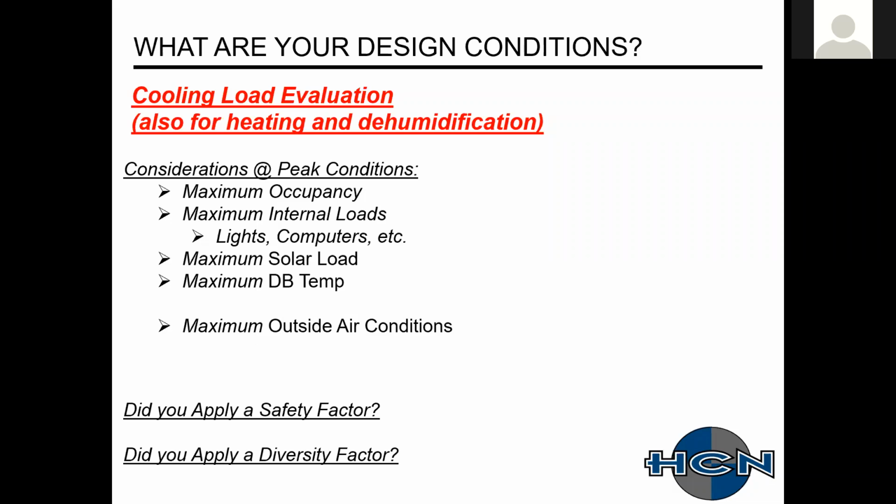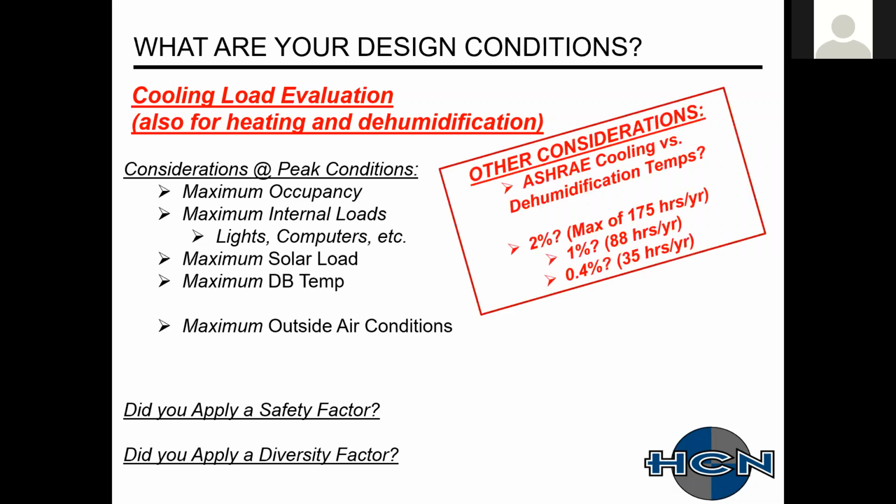Did you apply a diversity factor, which would have reduced your cooling peak conditions? And then furthermore, just talking about your outside air conditions, are you using ASHRAE cooling design temperatures or dehumidification design temperatures? And then once again, ASHRAE has a couple of different percentages of hours to use: 2% of 8760 hours per year.